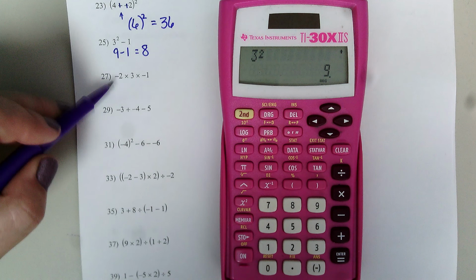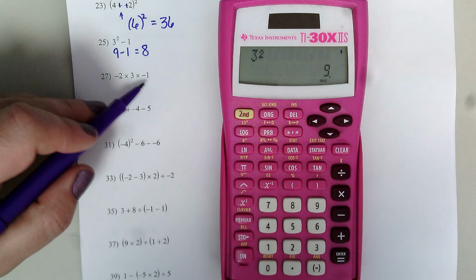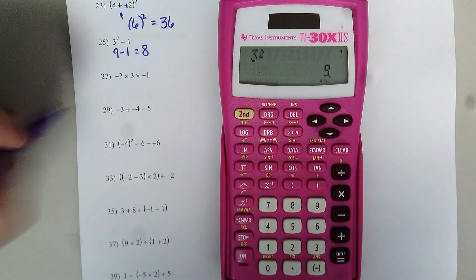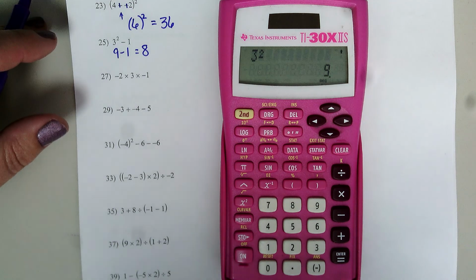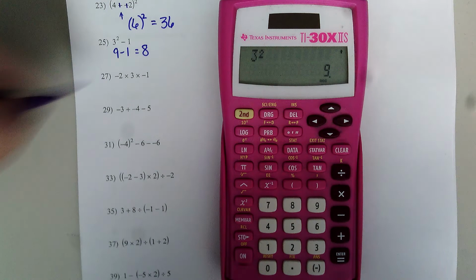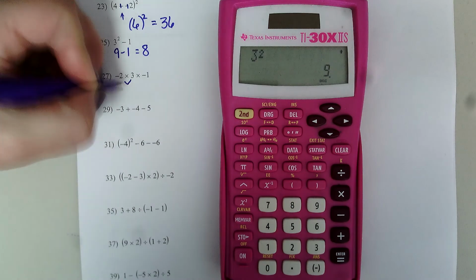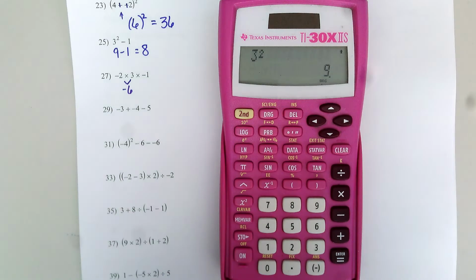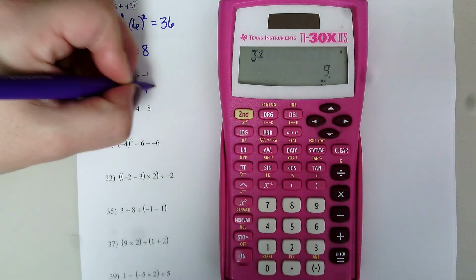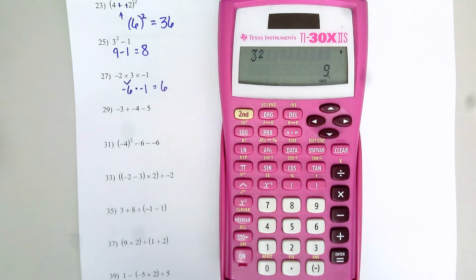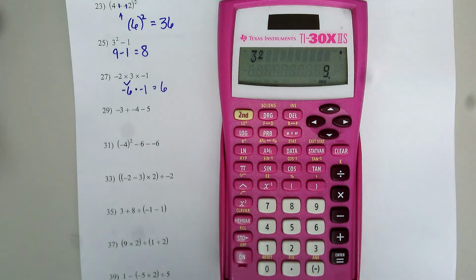We have negative 2 times 3 times negative 1. So all of this is multiplication, so we don't really have to figure out what we need to do first or second. We're just going to multiply negative 2 times positive 3, and we get negative 6. And then negative 6 times negative 1 gives us a positive 6. Easy enough.